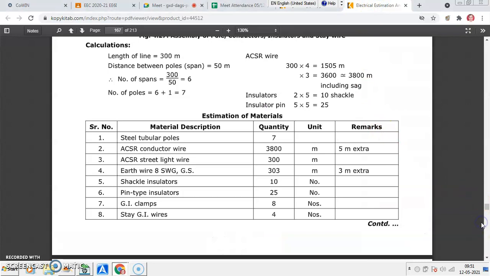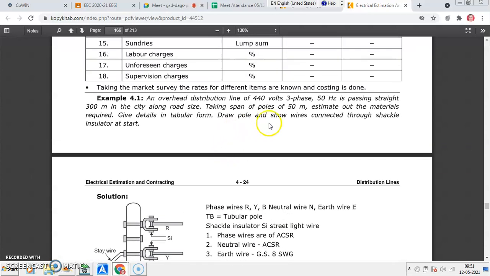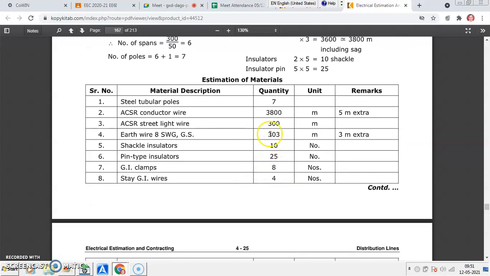So steel tubular pole number 7, ACSR conductor wire 1300 meter. You may consider 5 to 10 meter extra. Street light wire, it is also asked to be provided in your problem. So street light wire 300 meter, earth wire 300 meter, considering 3 meter extra.